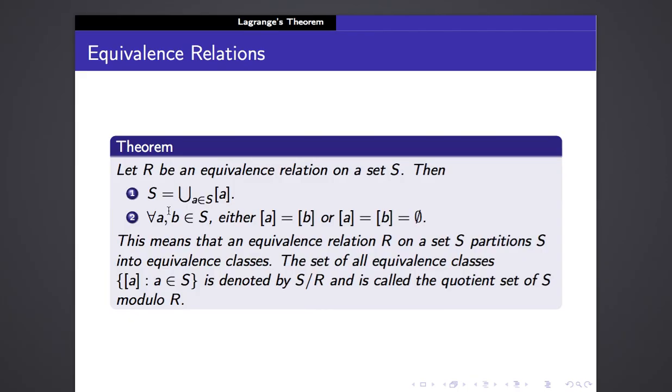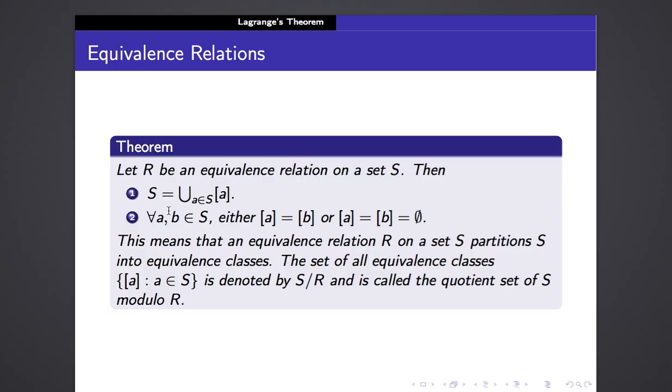And the second property is that for any A, B in S, either the equivalence classes of A and B are the same, or they are, oh, here's another mistake, I'm sorry. It's not equal.